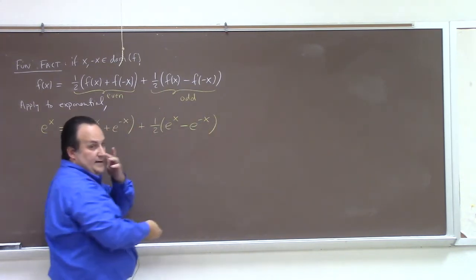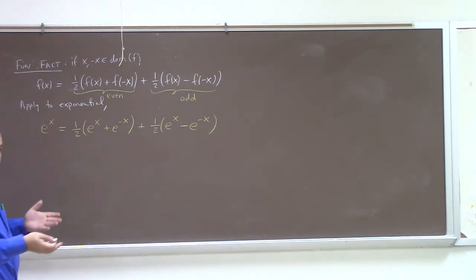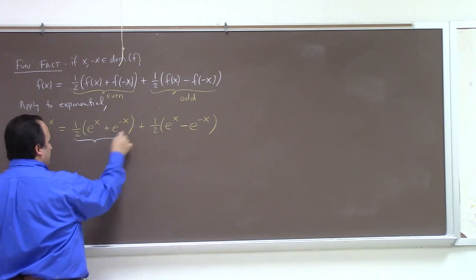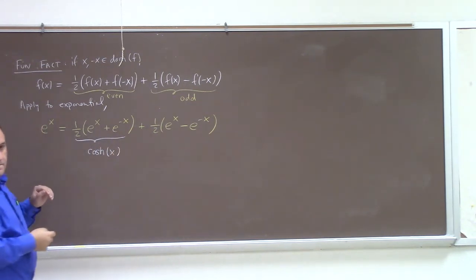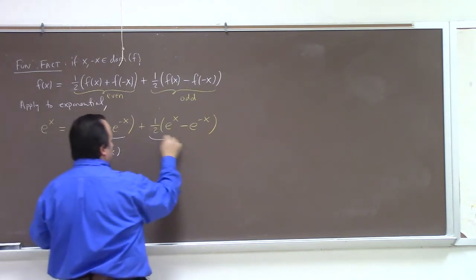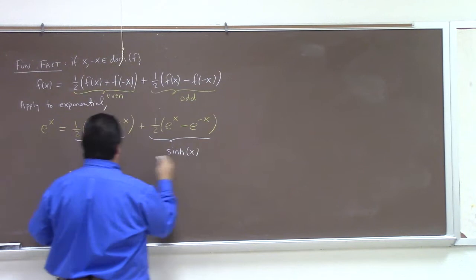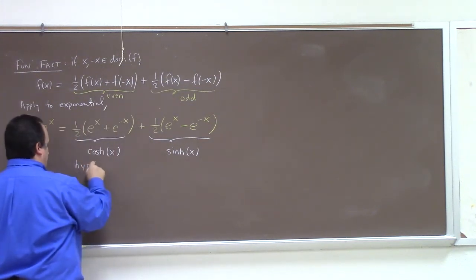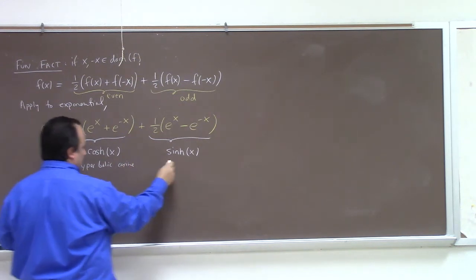Now, I don't think you guys have seen this before, but this, by definition, is what's called hyperbolic cosine, or cosh of x. And this right here is called hyperbolic sine of x. Hyperbolic cosine, hyperbolic sine.